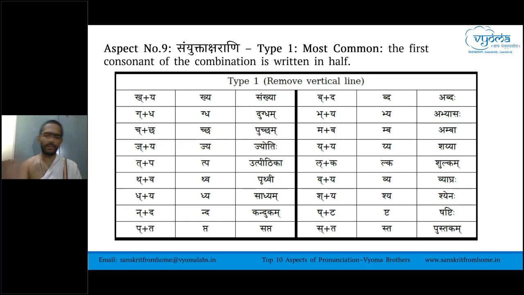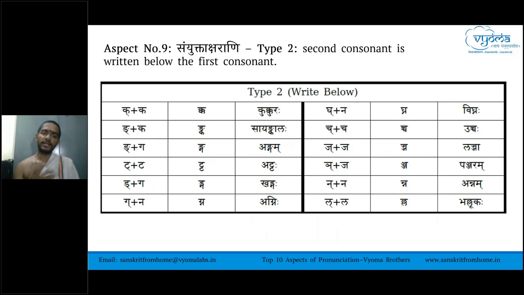Shayya, Shulkam, many are familiar words. Jya, Tpa, Tva: the first letter, whatever is pronounced in half, is written only half, the other is written in full, because it is pronounced fully. That's how it is written. Pancham, Sapta, Shashtihi are all examples for the first type of Samyukta akshara.